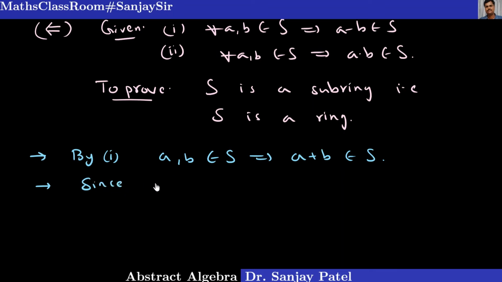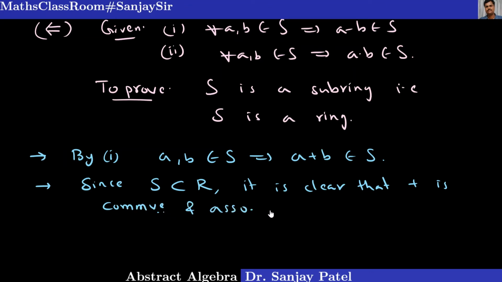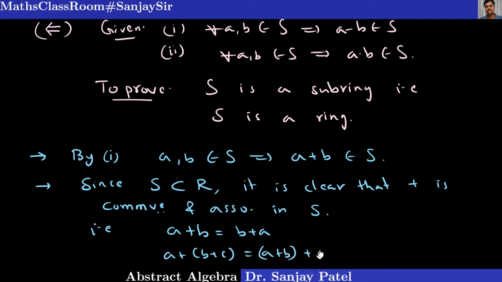Since S is a subset of R and R has commutativity and the associative property, it is clear that plus is commutative and associative in S. That is, a plus b is equal to b plus a, and a plus b plus c is equal to a plus b plus c for all a, b, c belonging to the set S.